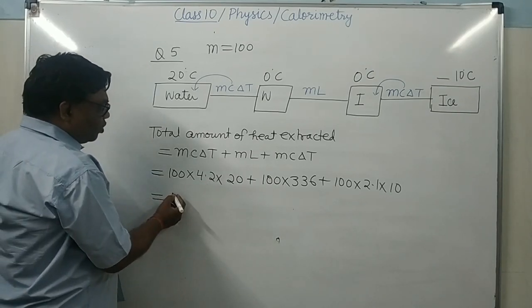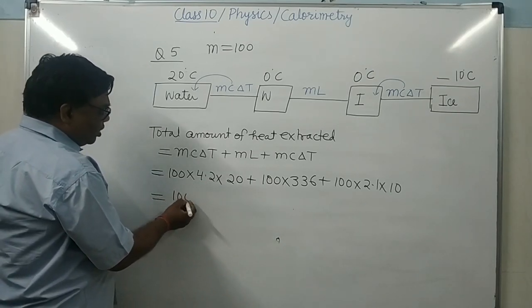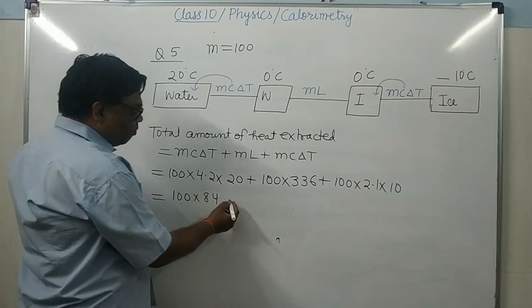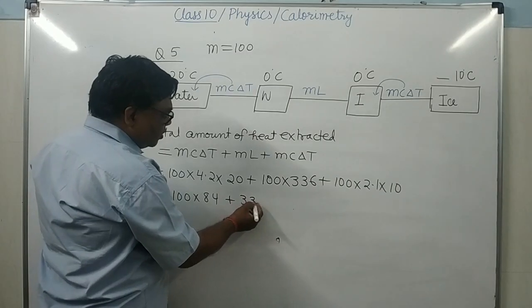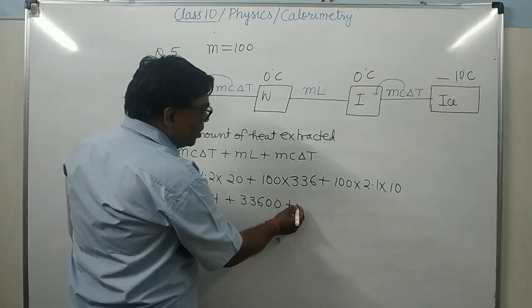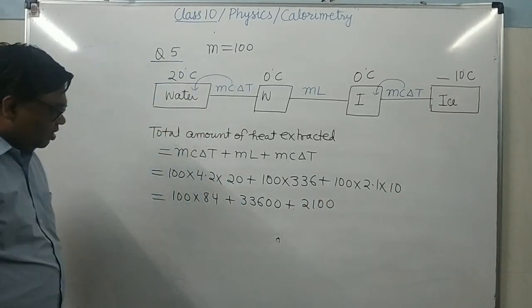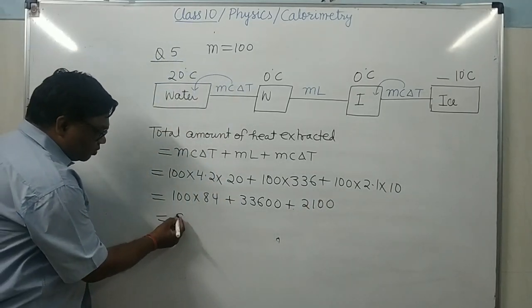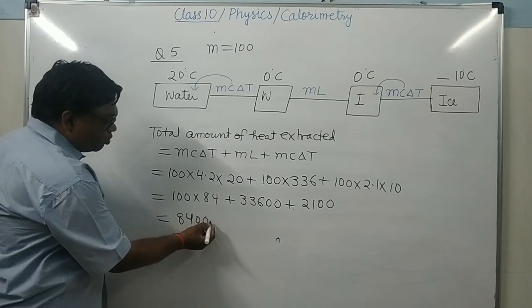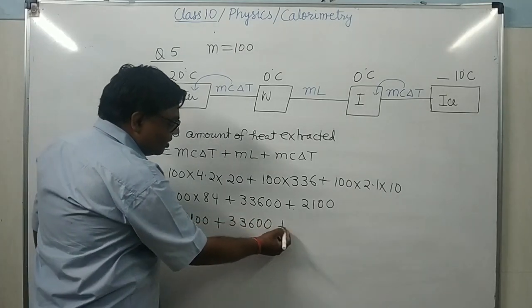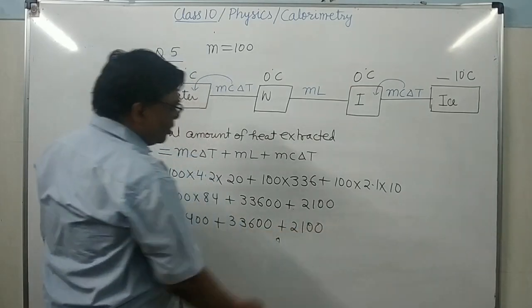So this will be equal to 100 into 84 plus 336 plus 2100.